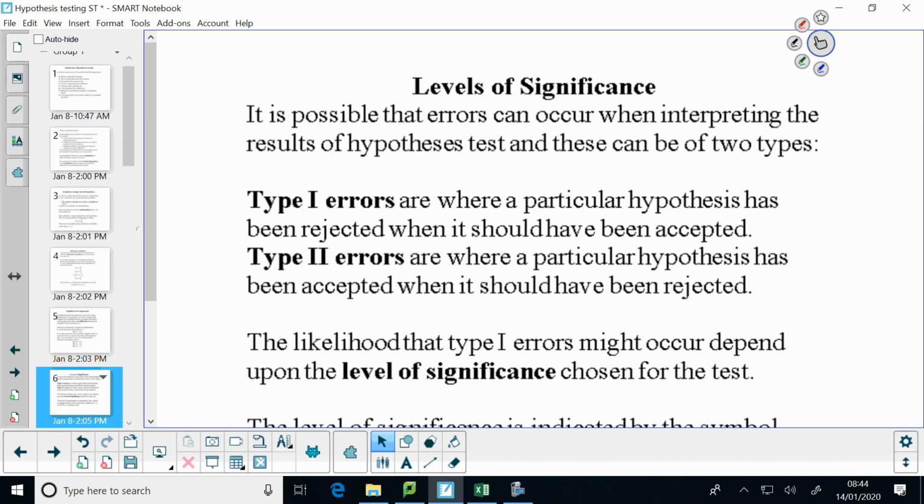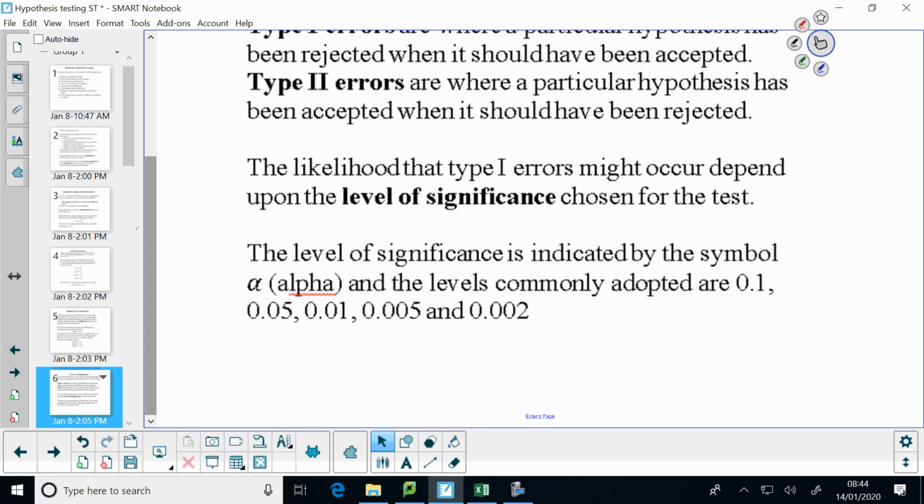The level of significance is indicated by the symbol alpha, and the levels commonly adopted are 0.1, 0.05, 0.01, 0.005 and 0.002. They represent 10%, 5%, 1%, 0.5% and 0.2% respectively. Okay? And more about that in a minute.